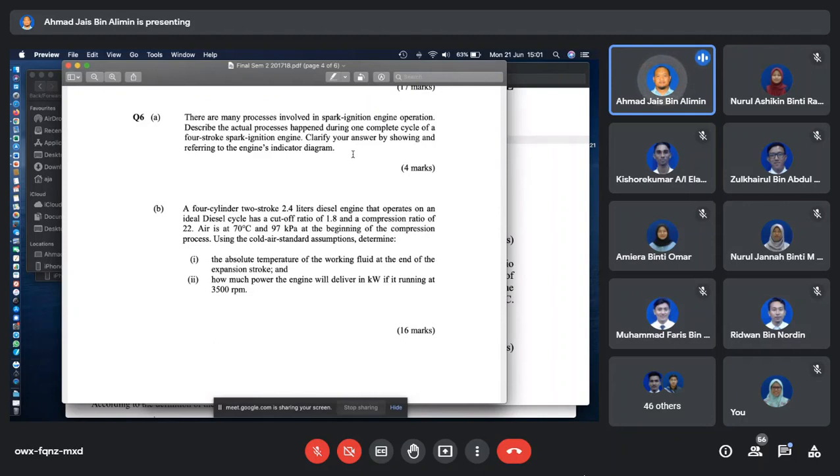And then part B, you are given a diesel engine with the volume and how many cylinders there are, and then the cut-off ratio, compression ratio, and so on. And then you need to determine the temperature at the end of the expansion stroke, and determine how much power you will deliver in kilowatts if it's running at 3,500 RPM.